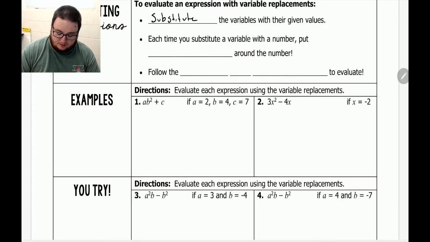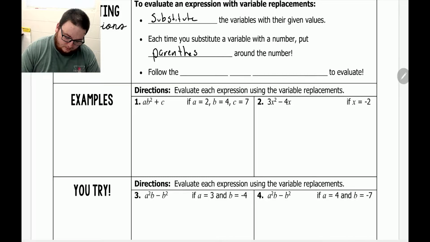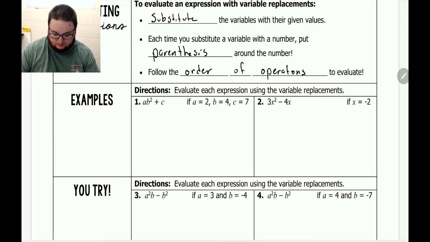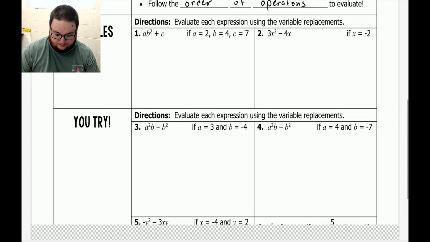Next, each time you substitute a variable with a number, we're going to put parentheses around the number. And finally, we follow the order of operations to finish evaluating the equation or the expression.